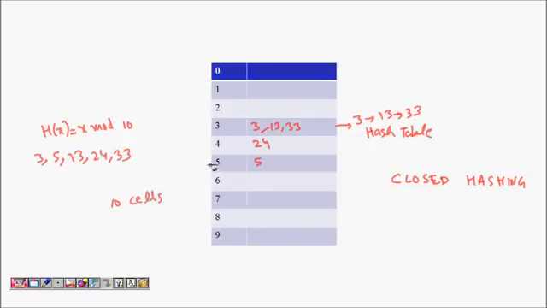Closed hashing says to keep on hashing until we find some alternate cell. If I have 3 here already, when 13 comes I will not insert it here; I will try to put it at some alternate location.